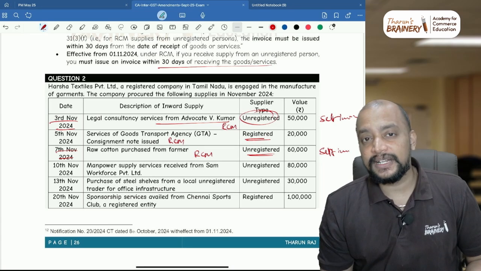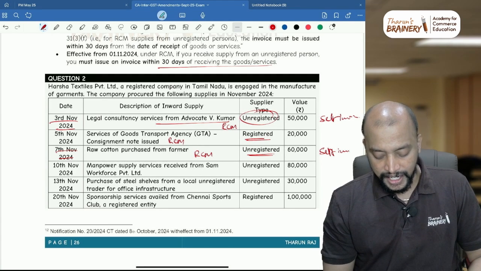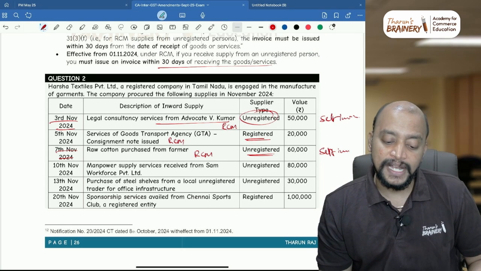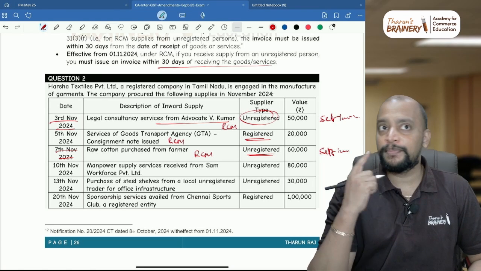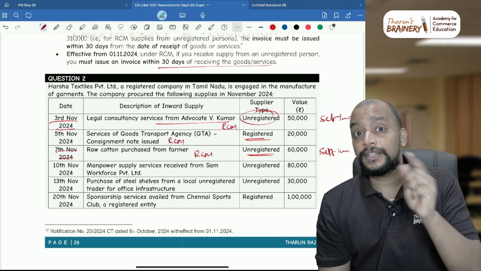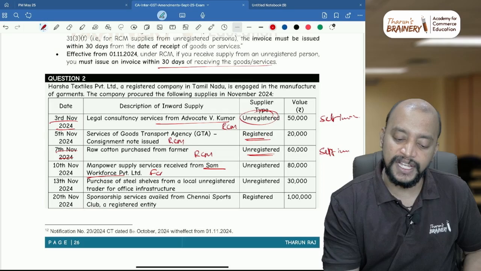Manpower supply service: this is not in the list of services under RCM for the supplier, but at the final level it is there. Manpower supply service received from SAM Workforce Private Limited. For manpower supply service, the supplier should be other than a body corporate, then only it will be RCM, but the supplier is a body corporate, so it will be FCM only.